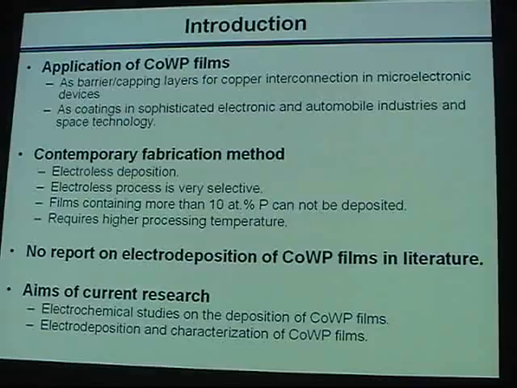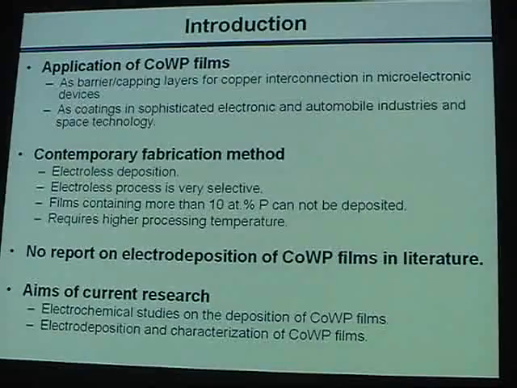So far, this cobalt tungsten phosphorus layer has been fabricated by electroless deposition, that is, without applying any current, and there is no report in the literature for electrodeposition of this layer. But there are some disadvantages to electroless deposition.